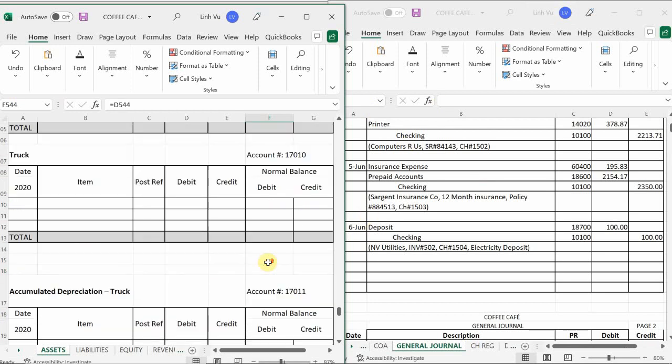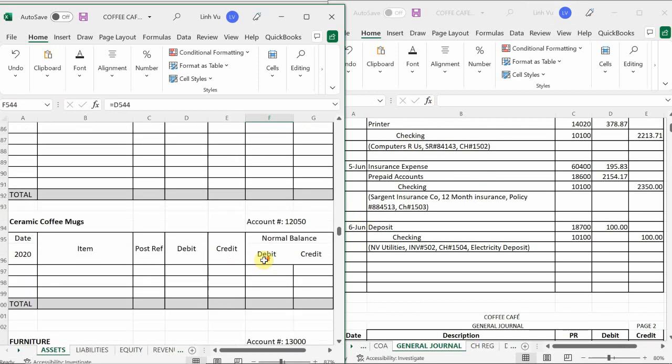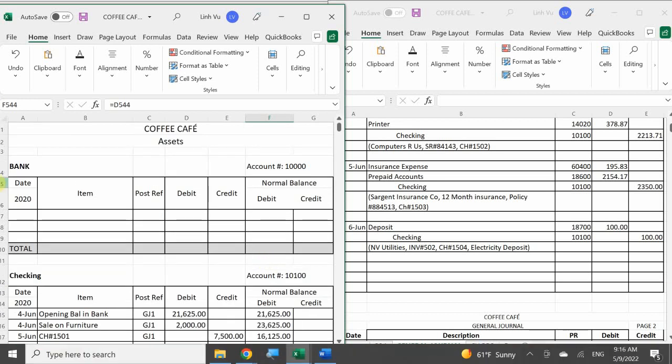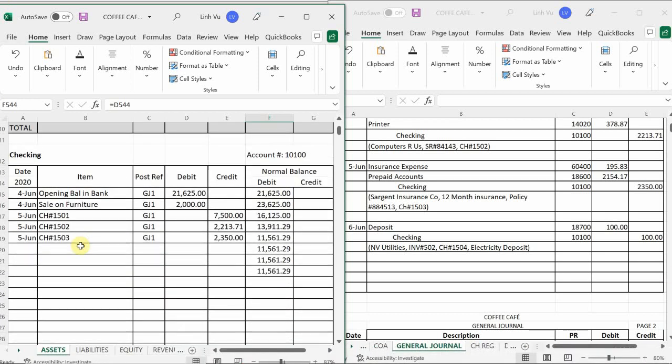So we have that. Then we also have to update our checking account because we end up paying and writing a check. So it's very important that we keep track of our books in regards to where our money is going. So in this case, I wrote another check, 1504. Still on journal number 1 here. And I'm going to credit my account because I spent another $100.